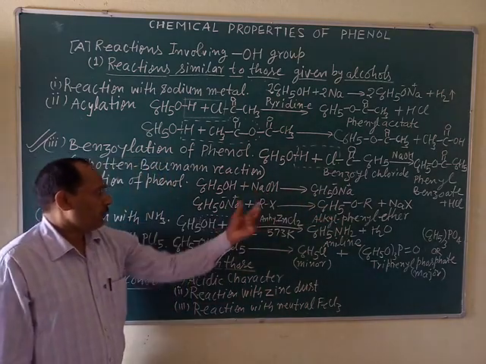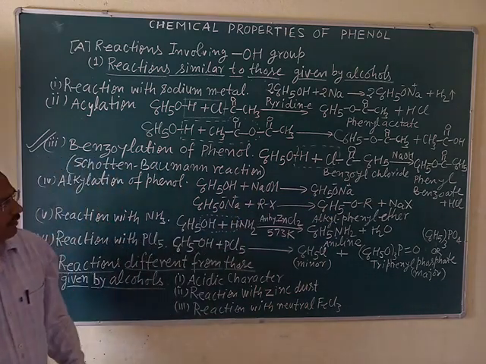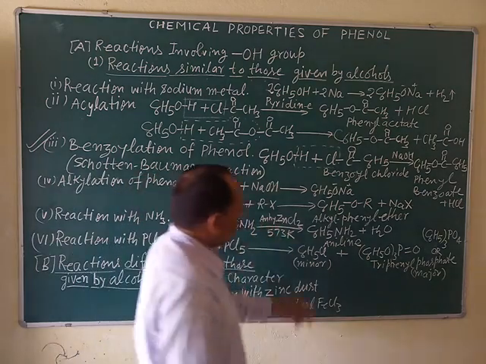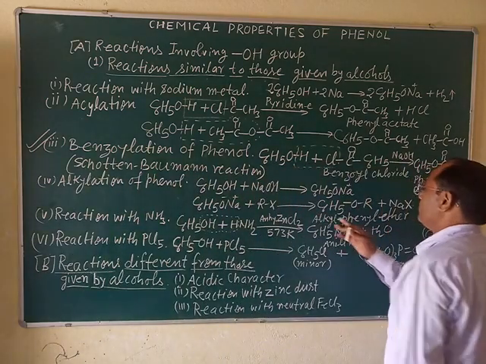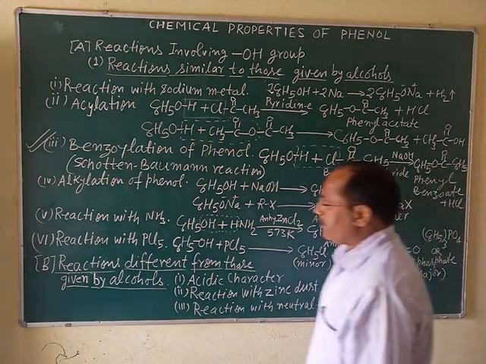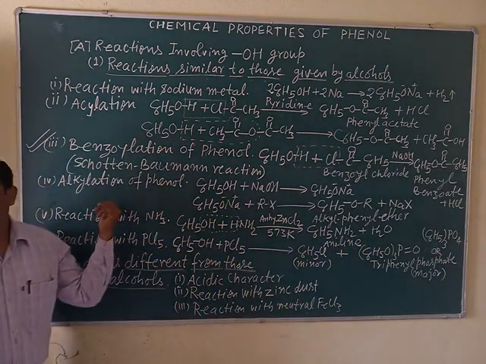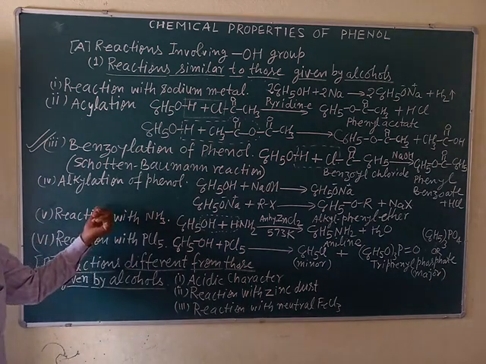When this sodium phenoxide is again treated with alkyl halide, then we get ether. This is called alkylation. This is different from aromatic substitution or electrophilic substitution.